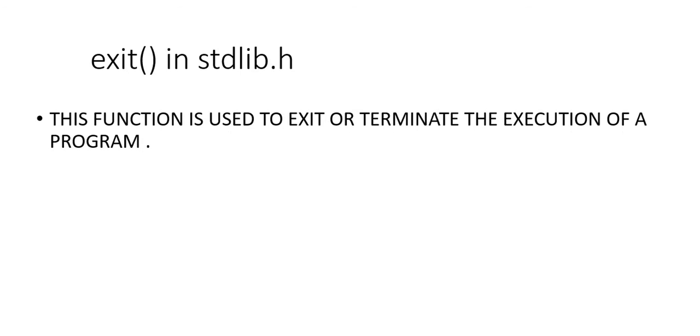And the last function is the exit function, which is inside the library file stdlib.h. This exit function is actually not a function used to skip the loop, but the function of the exit function is that it is mainly used to terminate the execution of the program. So what happens when it is used inside a loop?